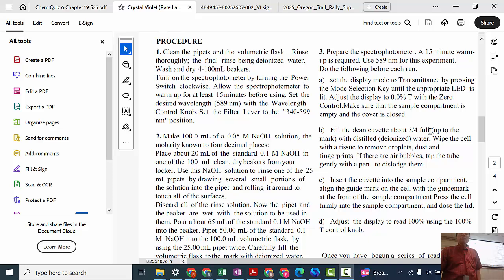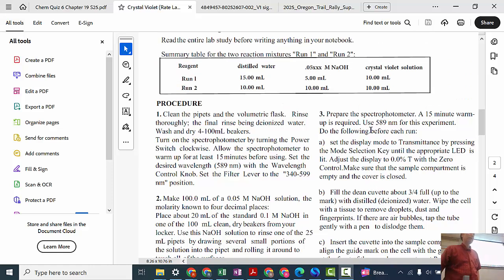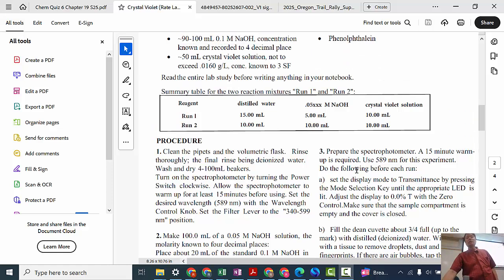For the sodium hydroxide, though, what was the concentration of the sodium hydroxide standard that they give you? Yeah, 0.11. 0.1 is about twice as concentrated as we wanted. Otherwise, we don't want the reaction to go too fast. If the reaction goes too fast, then we aren't going to collect much data.